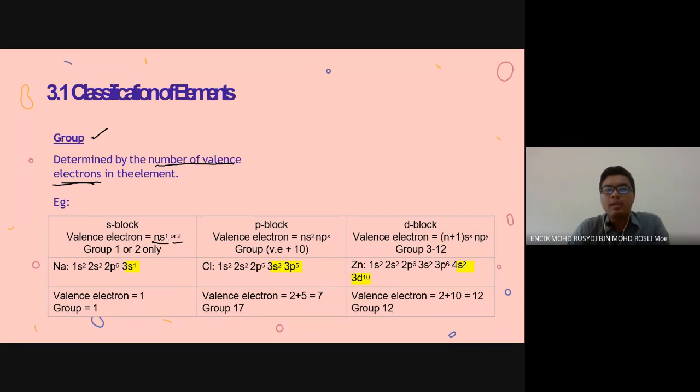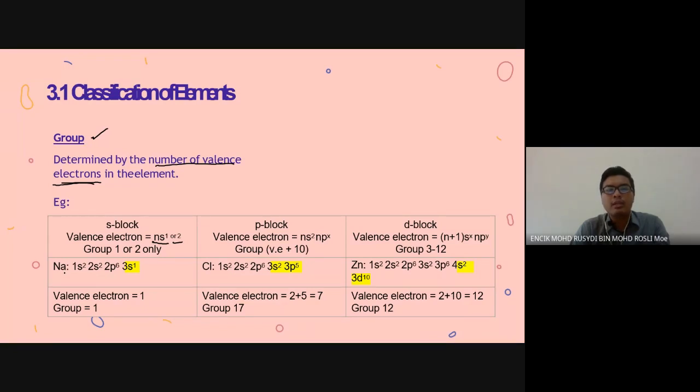So kita tengok pada the outermost shell dia, and then kita tengok dekat S block, S orbital yang berada di hujung sekali, ada berapa elektron? Sama ada 1 or 2. So therefore for S block it only consists of group 1 or group 2 only. Okay, group 1 ataupun group 2 sahaja kat sini.